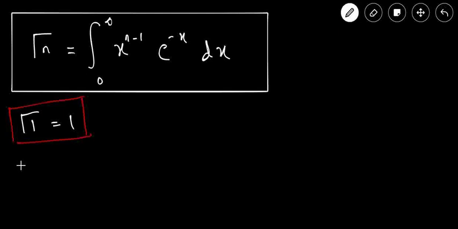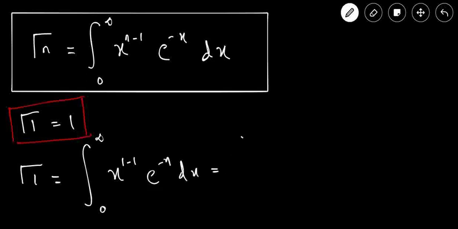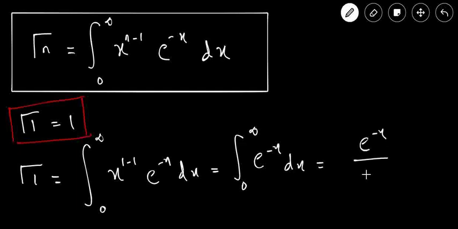We can simply substitute for n over here: gamma 1 will be equal to the integral from 0 to infinity of x raised to 1 minus 1 times e raised to minus x dx, which equals the integral from 0 to infinity. This will be 1 and this will be e raised to minus x dx, and on integrating we'll get e raised to minus x upon minus 1, and we have to substitute the limits.